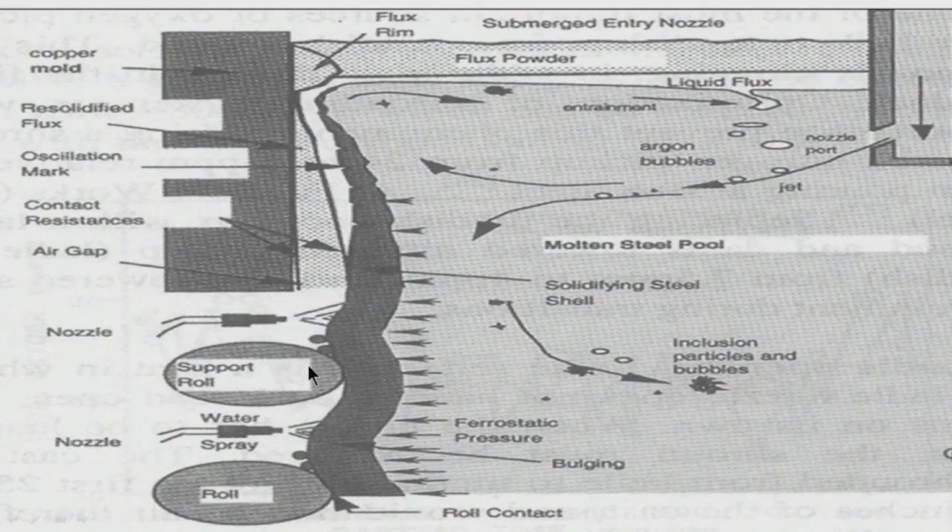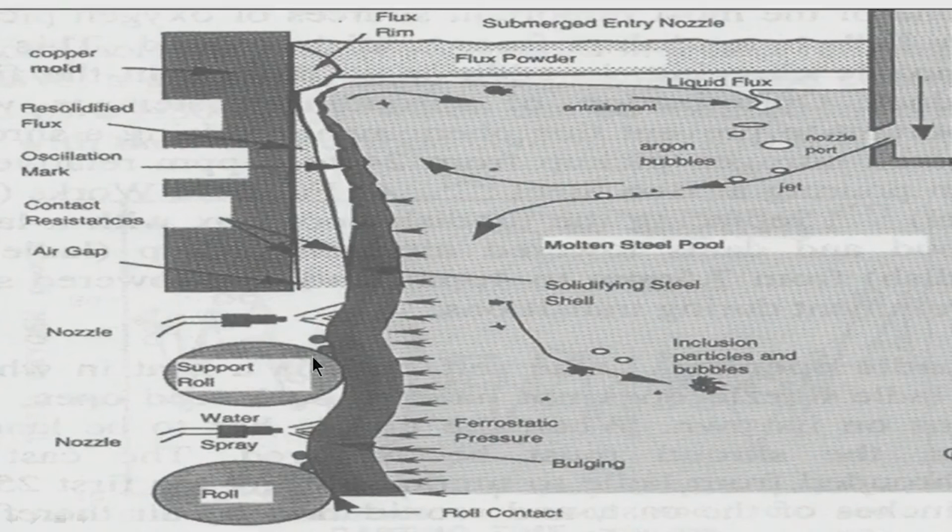But additionally there have to be some support rolls. Otherwise what is going to happen? This shell here, the thickness is not much. So, there is always a chance of the ferrostatic pressure pushing the shell, because there is no support now. Inside the mold there was some support.